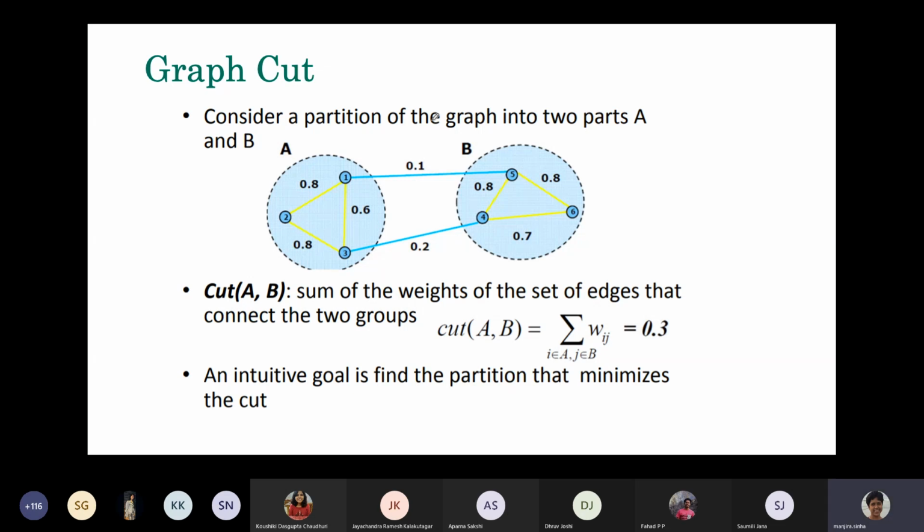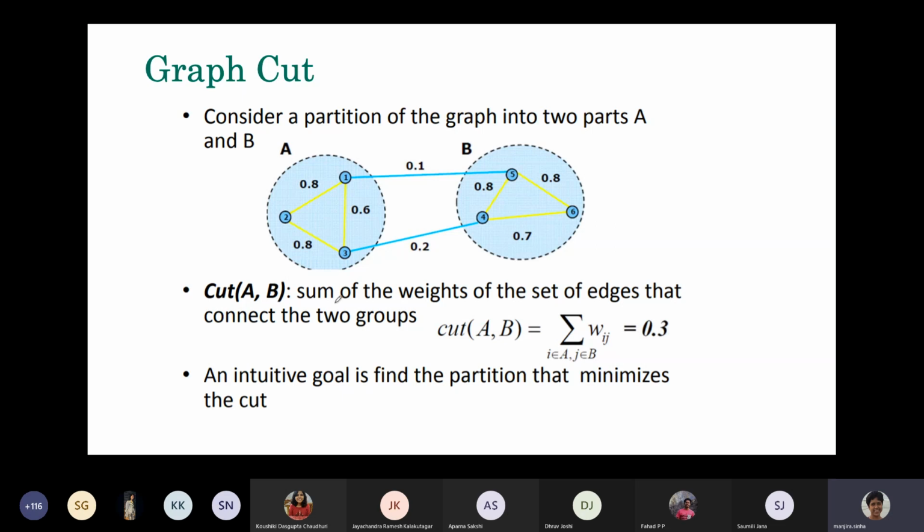Say we consider a partition in a graph into two parts, A and B. There are the vertices 1, 2, 3 in partition A and 4, 5, 6 in partition B. And these are the weights of the edges between the two nodes.